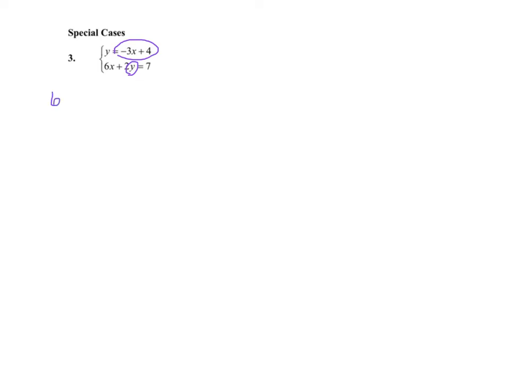So we have 6x plus 2 times the expression, because we're replacing y with negative 3x plus 4, equals 7. Next, bring down our 6x, and we want to now distribute 2 times negative 3x and 2 times a positive 4.